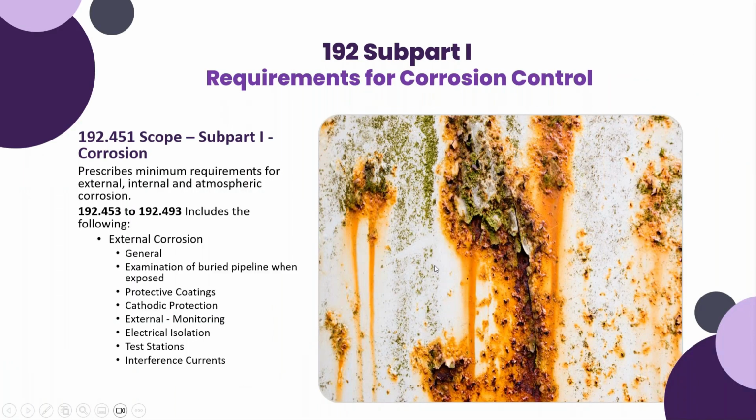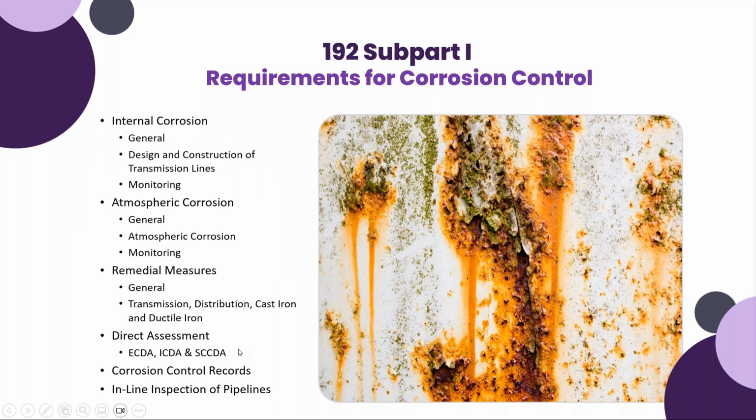So let's talk about 192, requirements for corrosion control. It's been around for ages, since 1971. It hasn't changed that much, but there have been changes over the years. But the biggest thing that has changed probably is the examination of buried pipe when exposed. And of course, there are the protective coatings that we should be thinking about: CP, external monitoring, electrical isolation, test stations, and interference, particularly in today's world, AC interference that has been added in there.